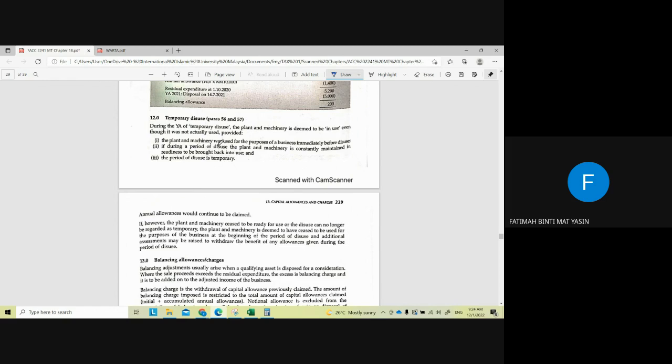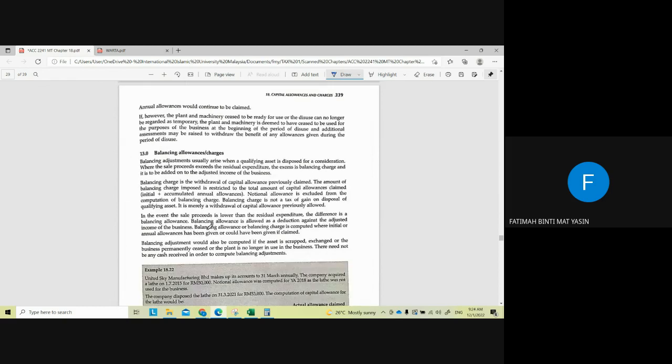If during a period of disuse, the plant and machinery is constantly maintained in readiness to be brought back into use, it means that even though the company does not use the asset, for example the machine, the company still incurs maintenance costs to ensure that the machine is in good condition. And the period of disuse is temporary, meaning the company does not use the asset for a temporary period only. Therefore the company can still claim the annual allowance. So this one is also considered as notional allowance.